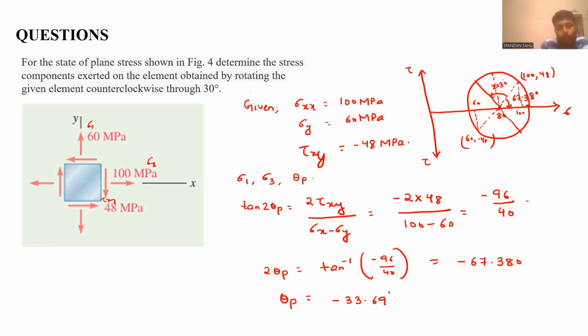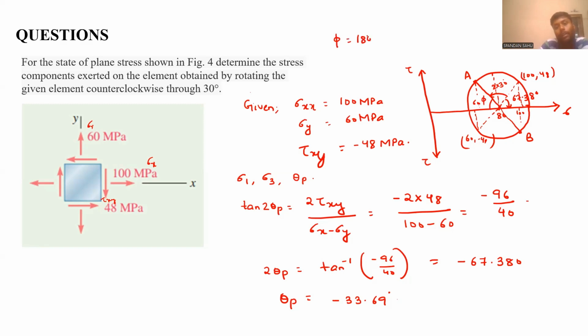We want the coordinates of this and this. If we can find the sigma tau coordinates of this point, let this be A, and this point, let this be B, our job is done. Now, this is 67.38 degrees and this is 60 degrees, so what will be this angle? Let this angle be phi.